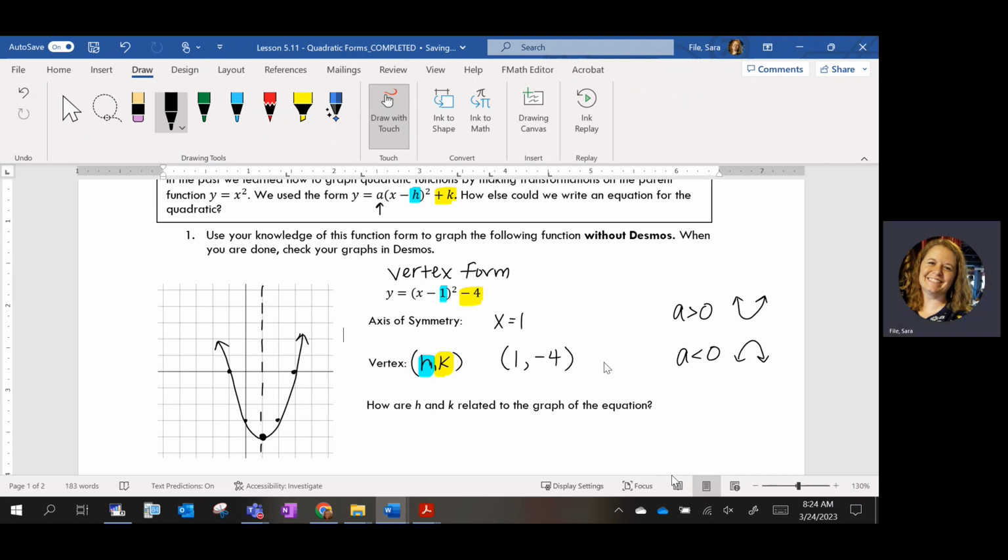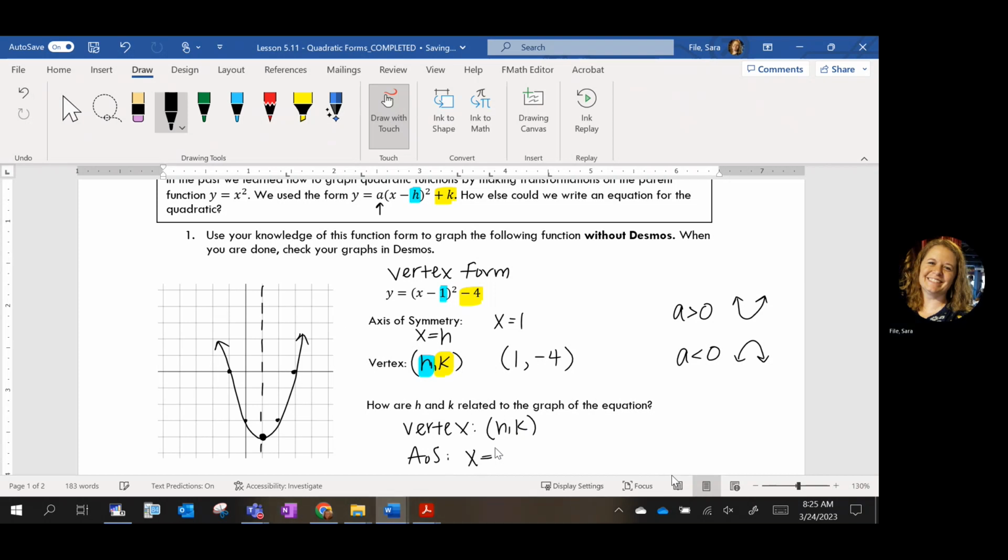That's our vertex form, where (h, k) is the vertex and the axis of symmetry is x equals whatever that h is. Now, how are h and k related to this graph? Essentially, you just want to know that the vertex is (h, k) and the axis of symmetry is x equals h.